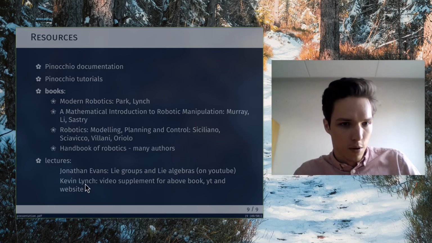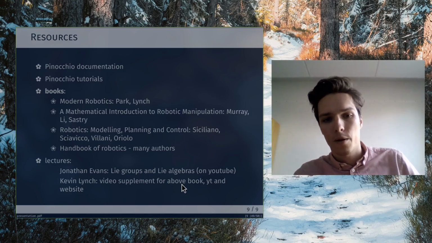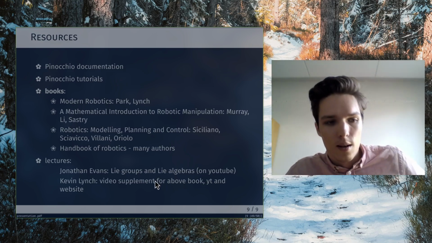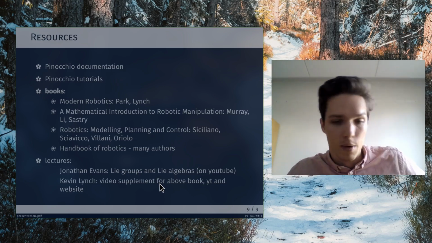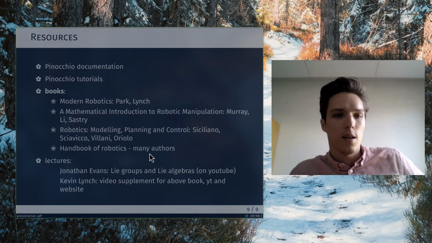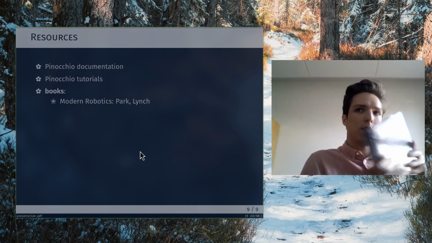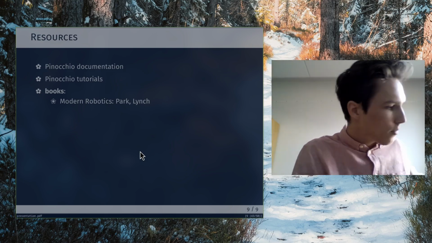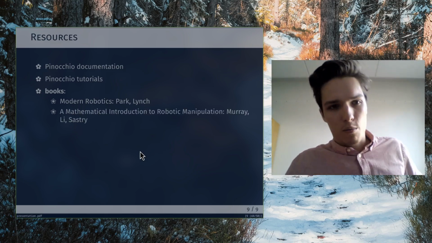So if you type in Modern Robotics Kevin Lynch on YouTube, you will find the lecture series for the whole book. That's of course not just these transformations, but robotic control, some things in modeling and so on. Amazing resource, and they have the video supplement website as well. Okay. So this is the introductory book if you want to go down this route for this type of mathematical representation in robotics.